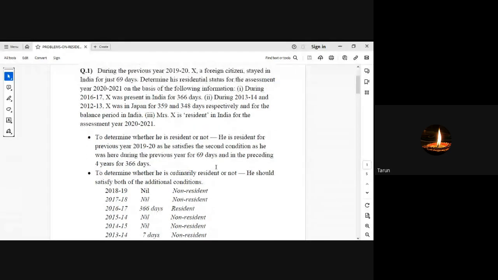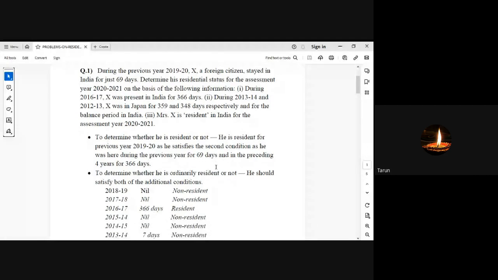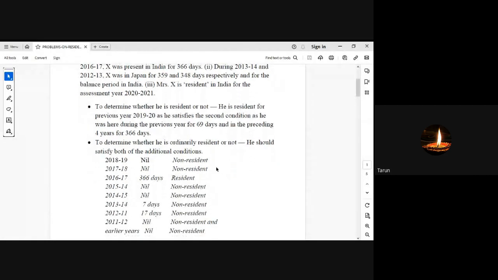For 2013-14, X was in Japan for 359 days. So when we deduct 359 days from 365 days, 7 days would be there. So he spent 7 days in India, and he becomes a non-resident during that year.